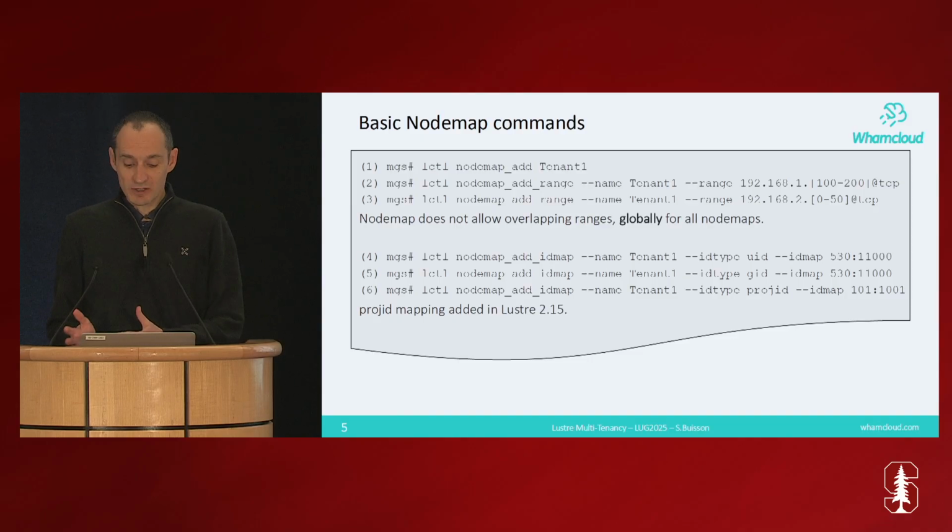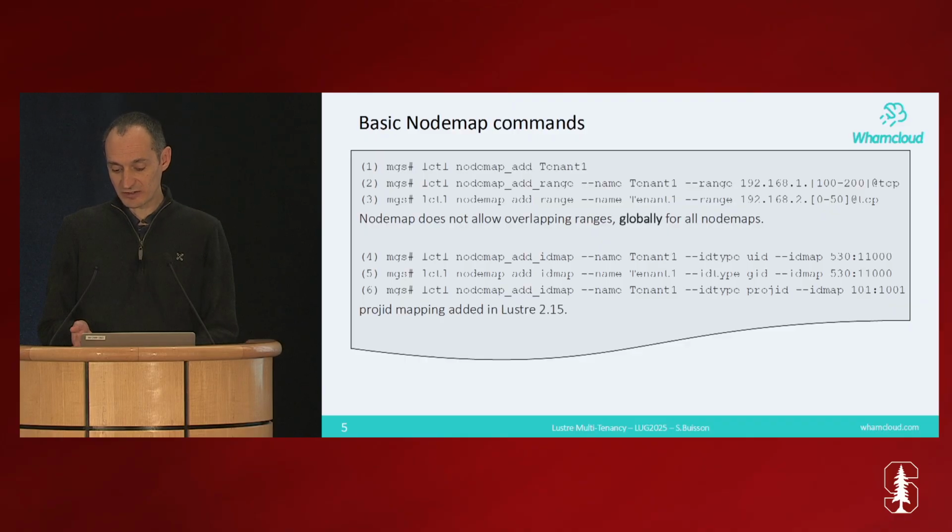Then once you have defined these NID ranges, you can define the identity mapping rules. So it's lctl nodemap_add_idmap, --name, the name of the node map, --idtype, so you have to specify if you want to define a rule for UID, GID, or project ID. And then --idmap, and the syntax is client ID colon file system ID.